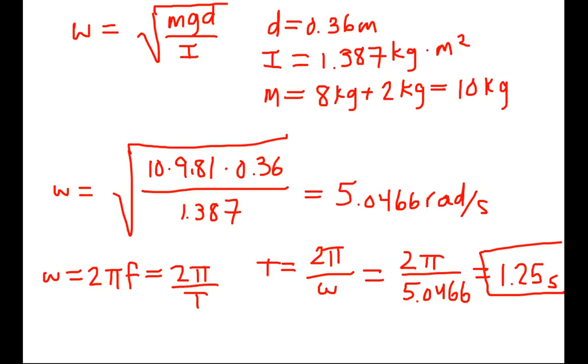So the most amount of work in this problem was just figuring out the variables. We automatically knew which equation to use because it was a physical pendulum. And once we calculated our values and plugged them in, the math from there was a lot easier. Okay, if we're all good on this problem, we'll move on to the next one.